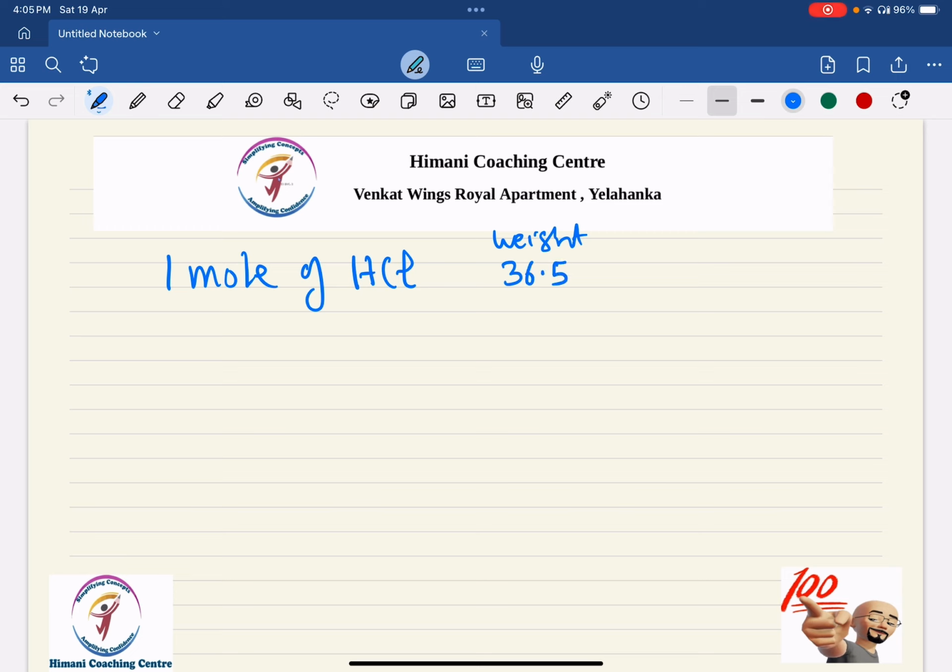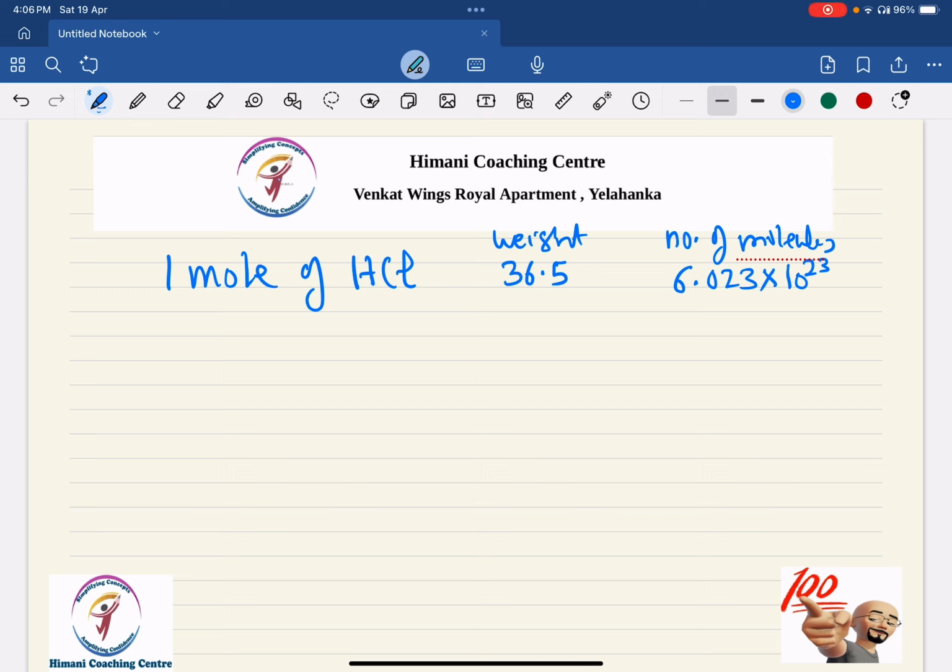And 1 mole of HCl, what would be the number of molecules there? It is 6.023 into 10 to the power 23, which means 1 mole of HCl weighing 36.5 grams should have 6.023 into 10 to the power 23 molecules of HCl.